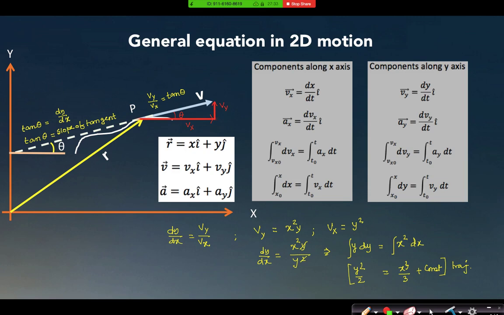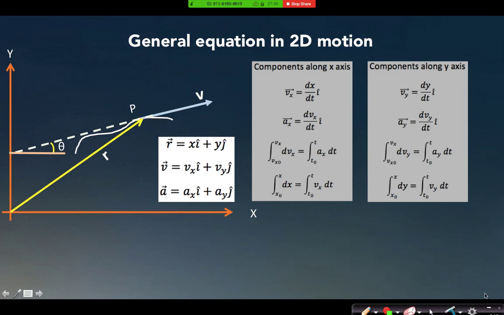So in this way we can find the equation of trajectory of the particle. I think this entire slide is clear to everyone. If there is any doubt, you can ask me.